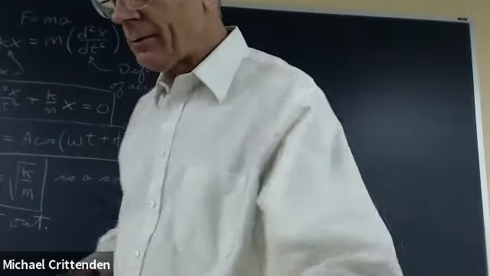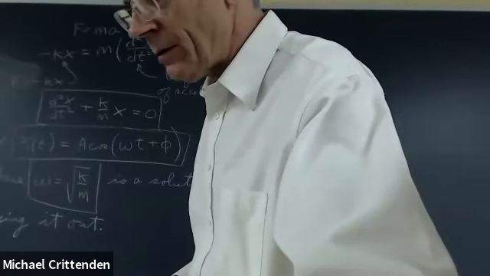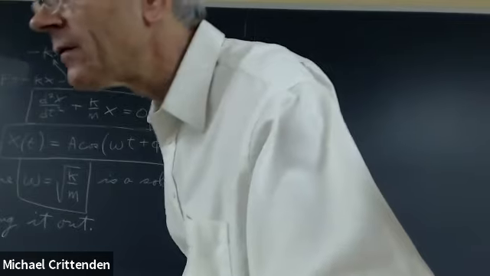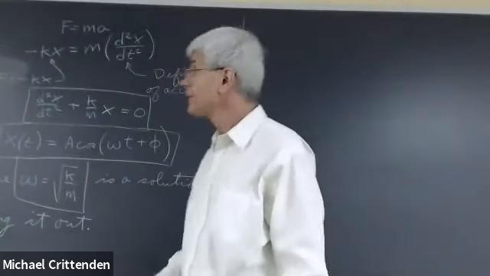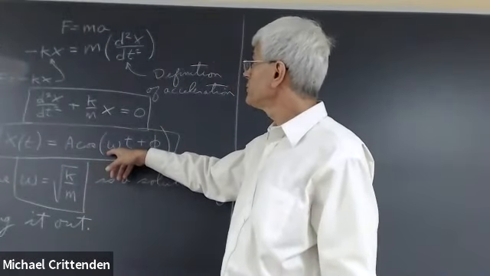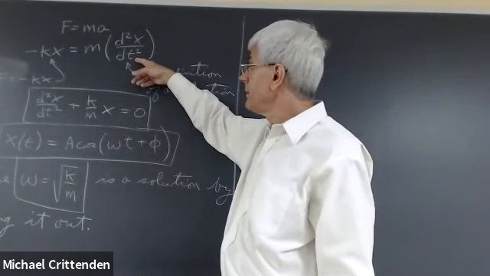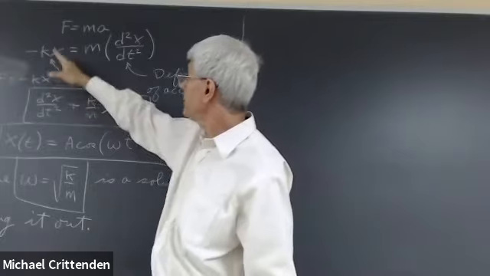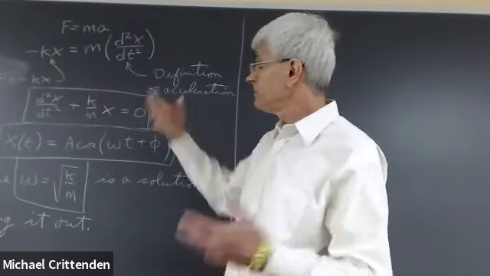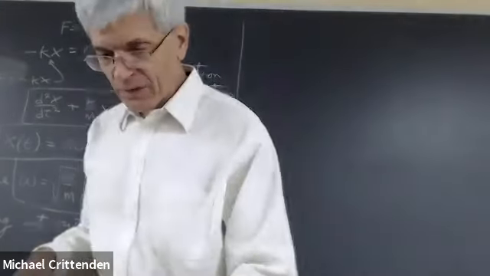So what I need to do is take this function and figure out what its second derivative is. And then I put the derivative here, put the original function there. Does it come out being true?